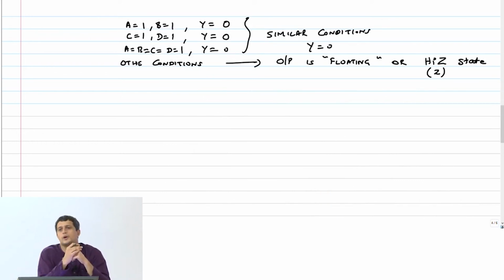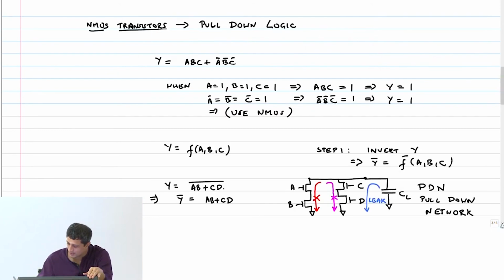Now what about the pull up network? In certain other conditions, I want the output to go high, right? So that I have not yet done. So if you take my thing where I inverted, I got f bar of a, b, c, right? Then I now need to do something in order to implement the pull up stack, right?